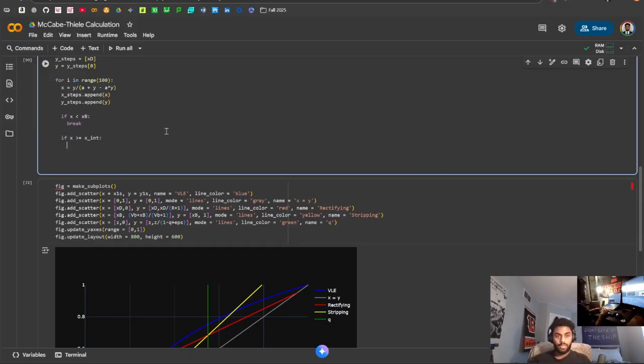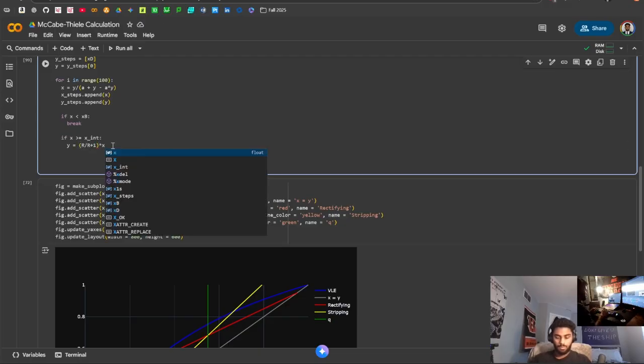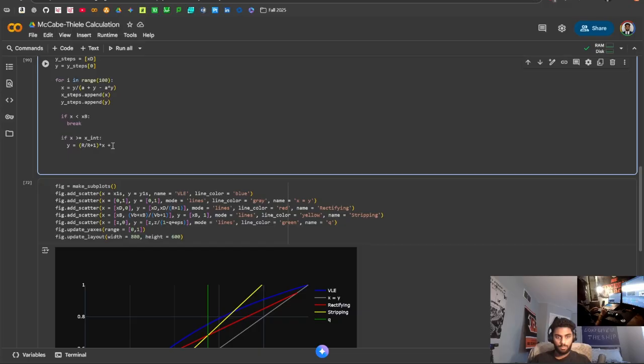So we'll say y is equal to r over r plus 1 times x plus our x distillate over r plus 1.